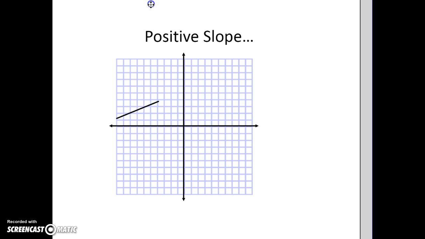And I'm going to go all the way across. Because when we do start doing our lines, they will go all the way across the coordinate plane. And we're going to determine what is this slope? What is the actual slope of this line segment? It is going up from left to right. So it is positive.